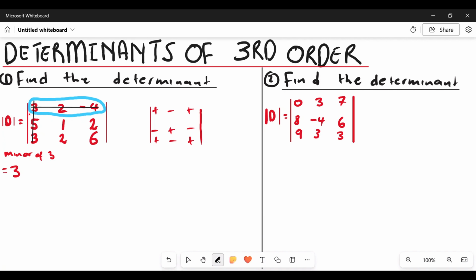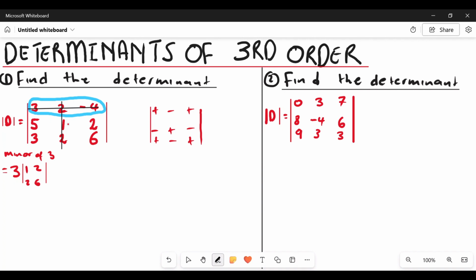All right, let us not forget that 3 and the cofactor sign here, they are both positive. That's why our 3 here is positive. Now let's see what it is that we're left with. Remember, we cancel the first row and the first column. We're gonna be left with 1, 2, 2, and 6, as you can see from this square matrix there. From there, now we go to the next one.